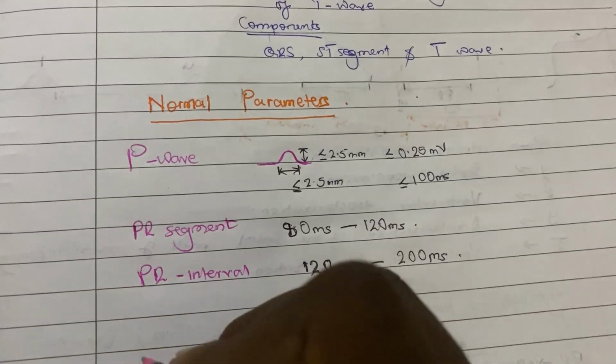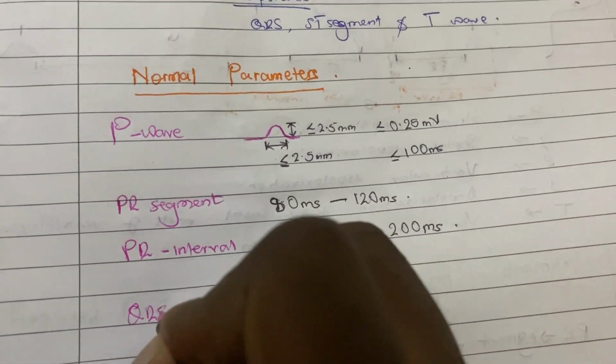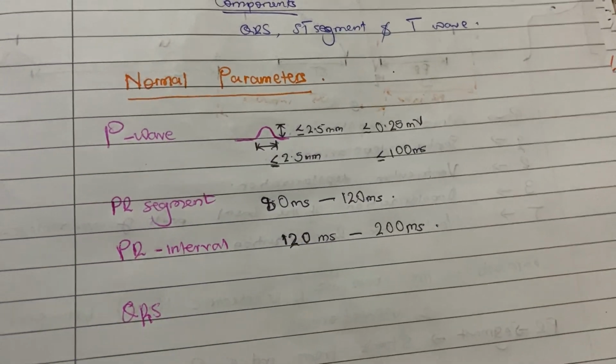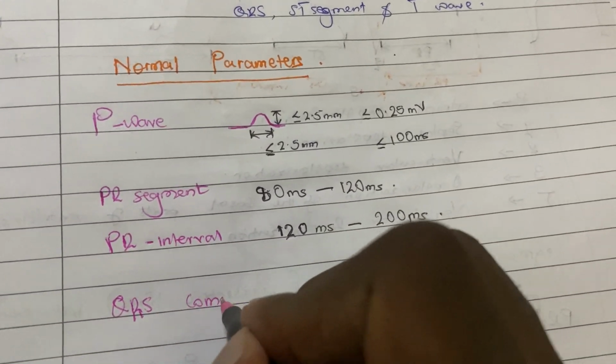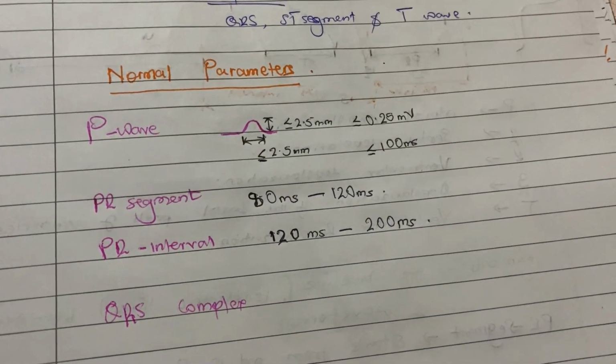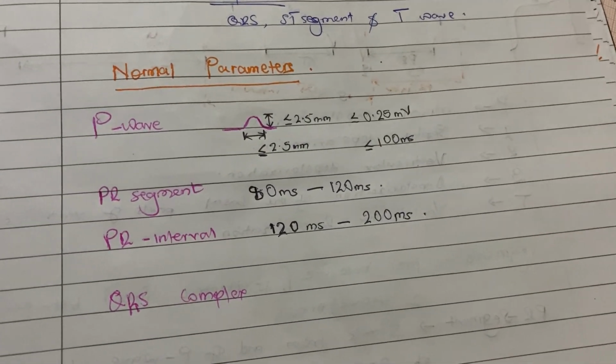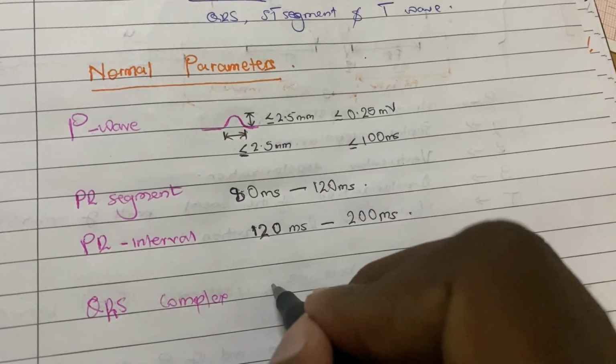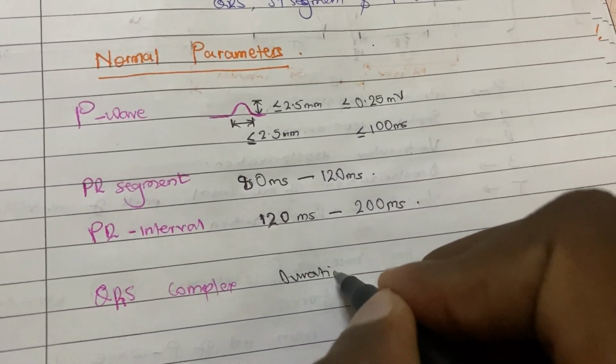The next one is the QRS complex. A complex combination of many waveforms. So it has duration. We talk of duration now. It has many normal parameters.